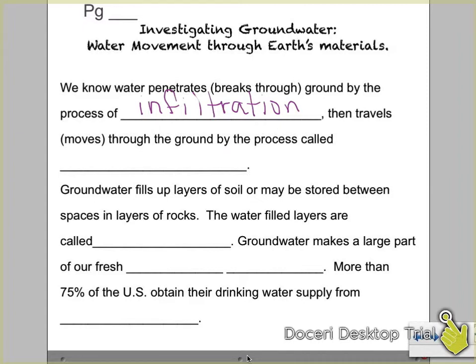After it infiltrates or it breaks through, we know that it then moves through the ground by the process called, if you don't know, you probably should have your binder out looking at your notes because you do have a quiz coming up next Wednesday. Nope, not capillary action. That's when it moves up through the roots. This one is it travels down through the ground. Quan. Nope, it's traveling. It's moving. That key word is moves. Percolation. Very good.